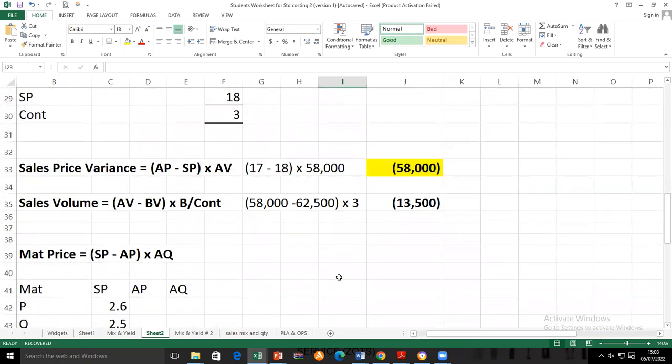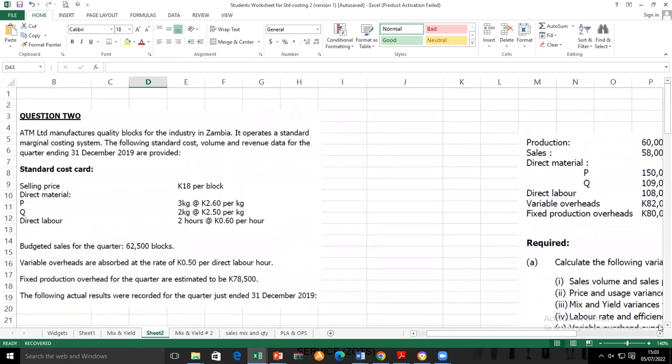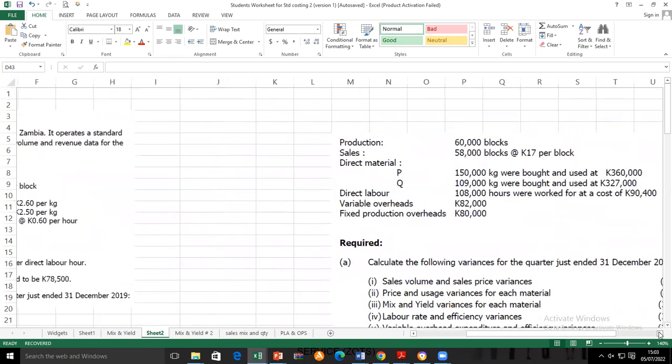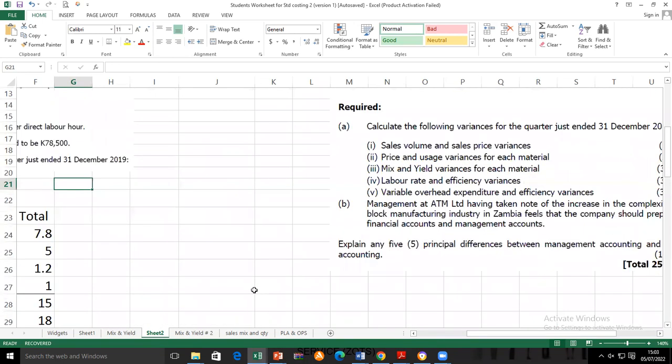So you come here, so equals 360 divided by 150. What was that one? 327 divided by 109.